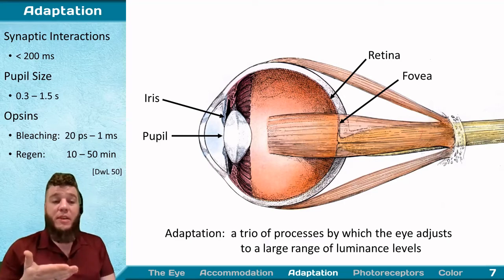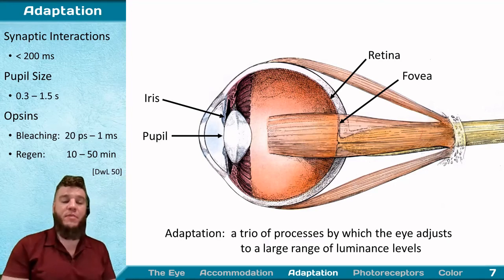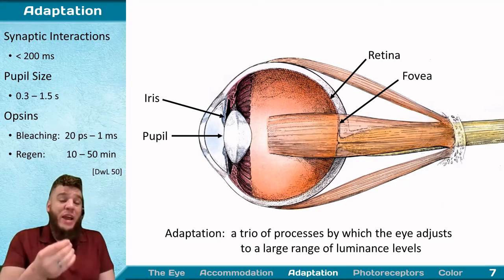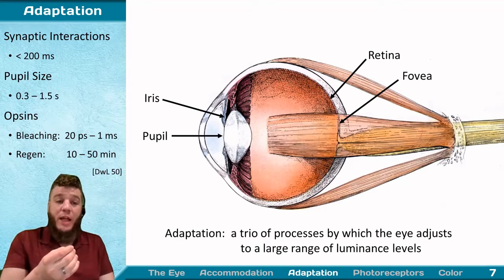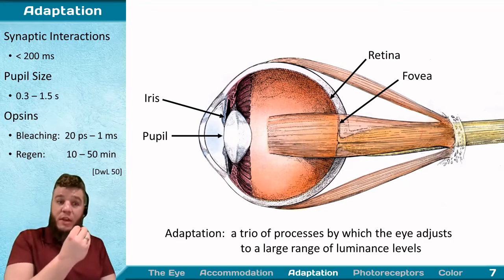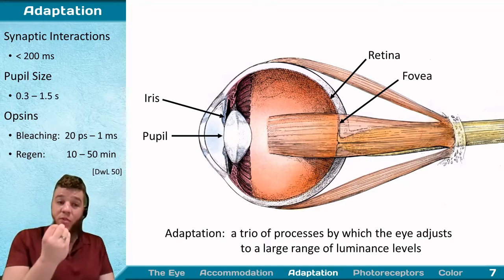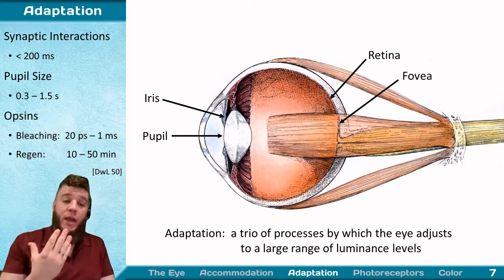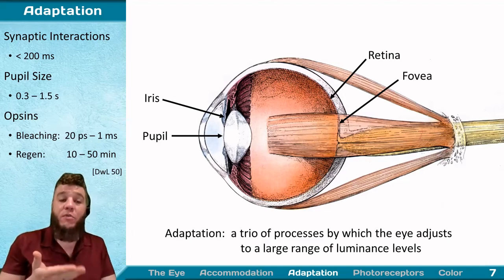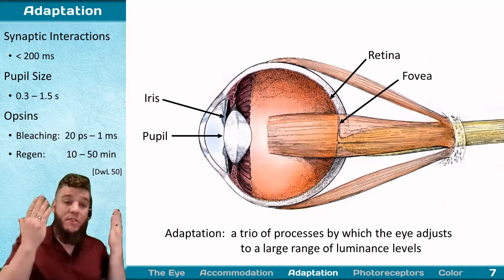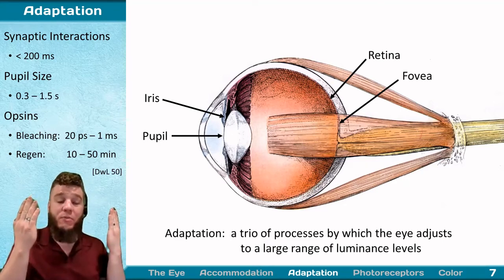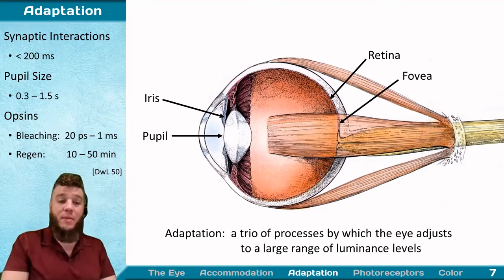And you've probably experienced this a variety of times in your life. For example, when you look directly into a camera flash, that creates an afterimage on your retina. And that's because at those spots on your retina, the opsins are bleached and therefore can't respond to new light stimuli. So you just see that as a white spot.